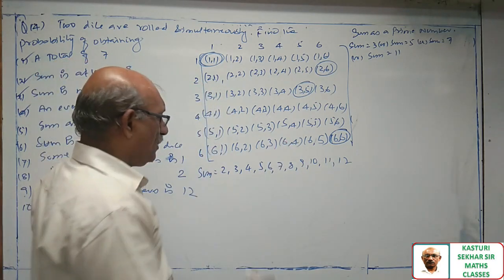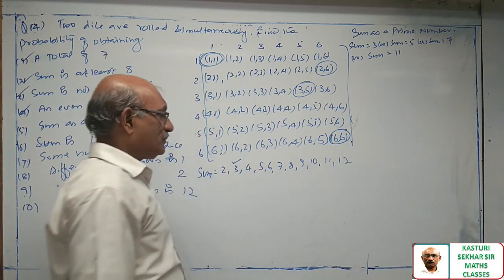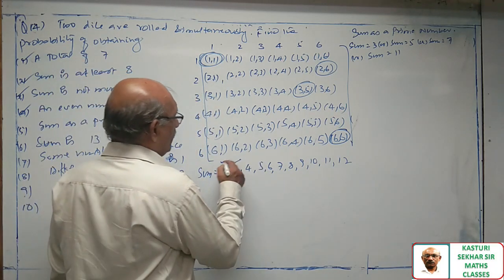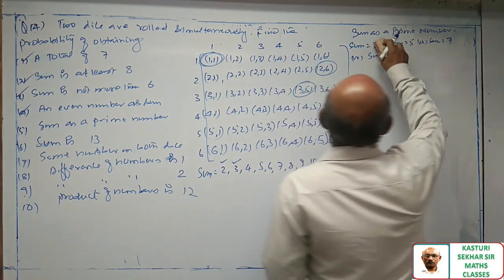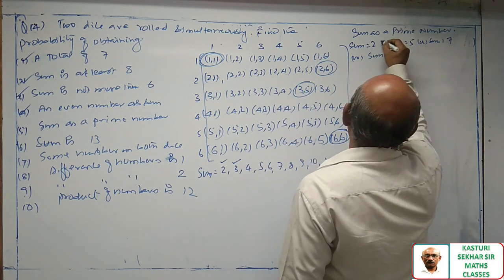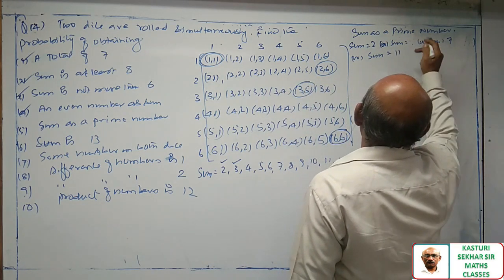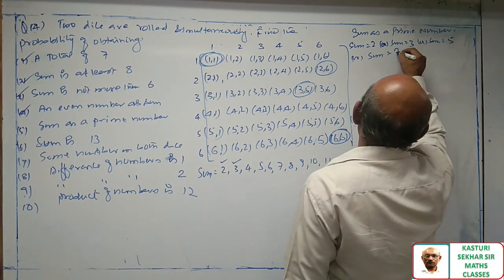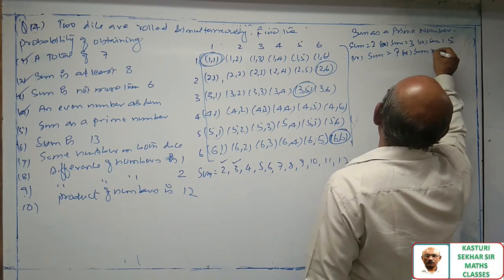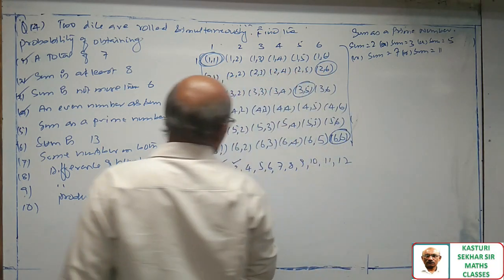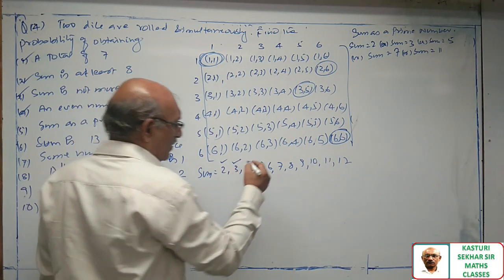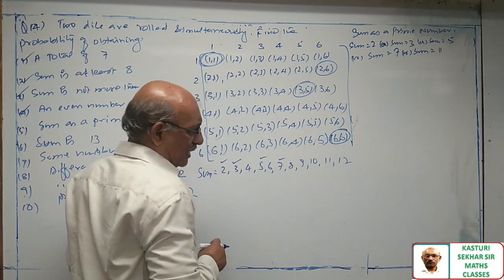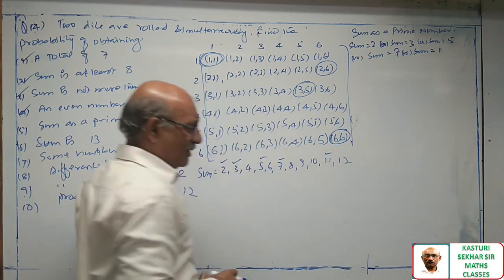Out of this, a prime number means a number which is divisible by 1 and itself. Sum is equal to 2, 3, 5, 7, 11. So 2 is a prime number, 3 is a prime number, 5 is a prime number, 7 is a prime number, 11 is a prime number.